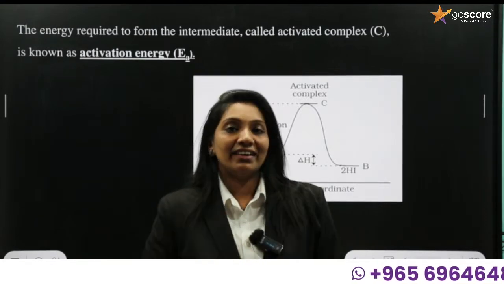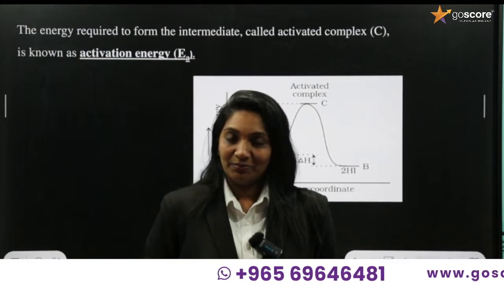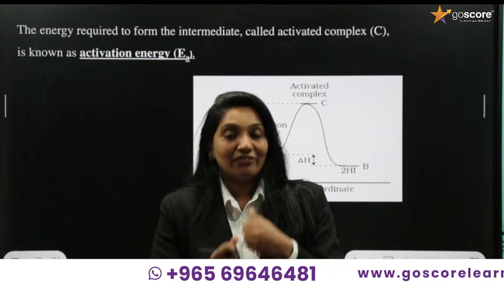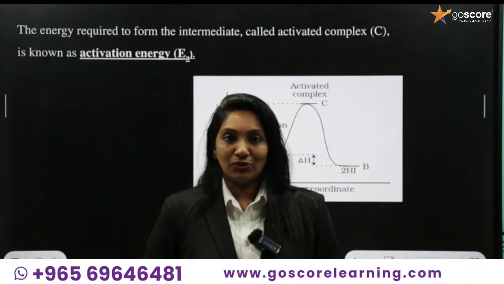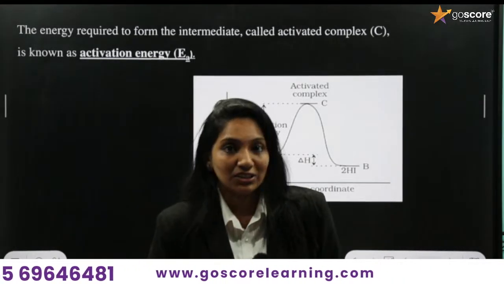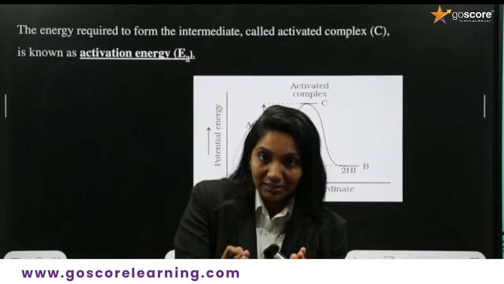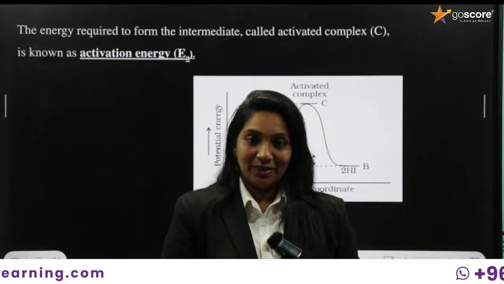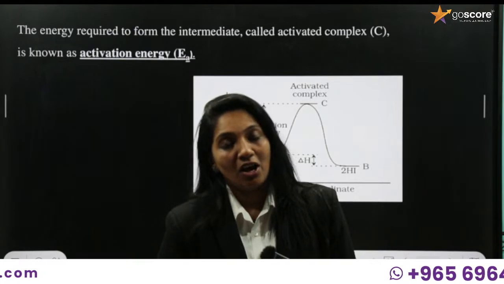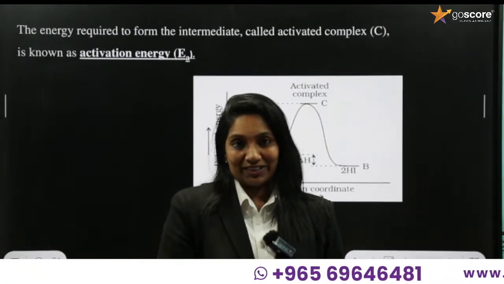With that extra energy itself, the reactant molecules will collide with each other. With that collision, if it is an effective collision, then only the product will form through an intermediate complex. Initially the reactant will react to give the intermediate complex, which will then be converted into the product. Because the intermediate is unstable, it will suddenly change to form the product.